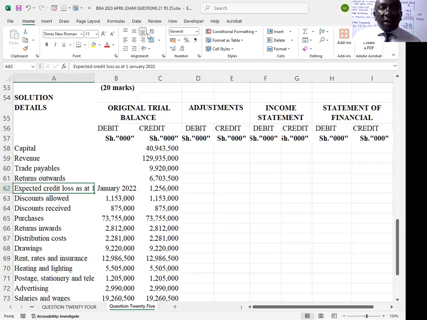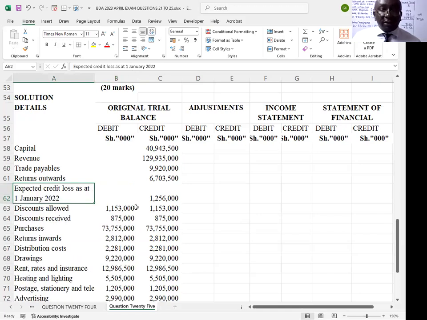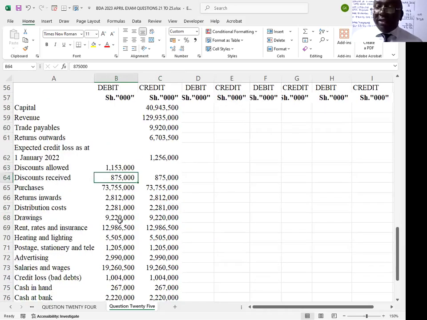So this one I can wrap it. Discounts allowed, those are expenses, and expenses are debited. So that's a debit balance. Discounts received is an income, and incomes have credit balances.